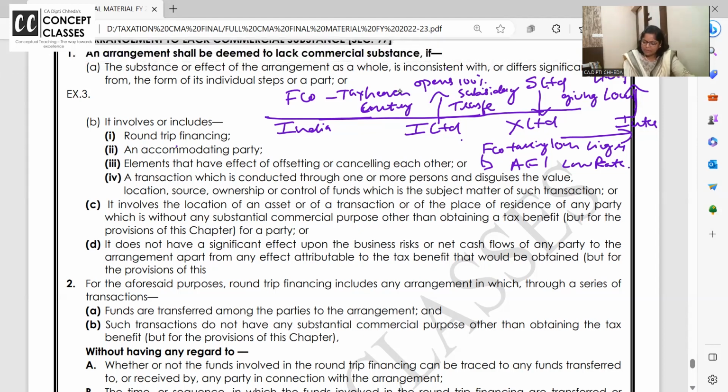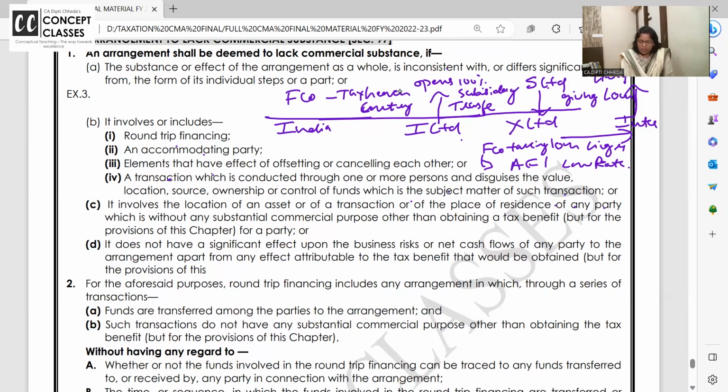So foreign company taking loan, so they have to bear that interest, but वहां पे तो कोई टैक्स ही नहीं है उनके कंट्री में. So like this, it includes round trip financing, accommodating party, elements that have effect of offsetting or cancelling each other, or a transaction which is conducted through one or more persons and disguises the value, location, source, ownership, control of funds, which is the subject matter of such transaction.